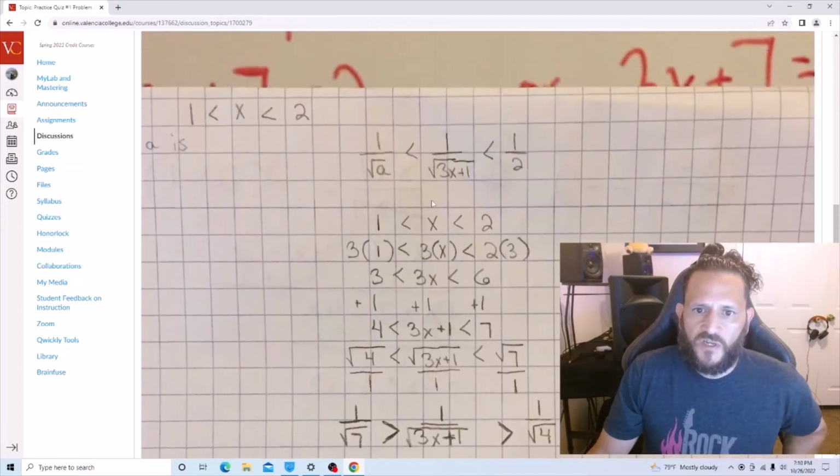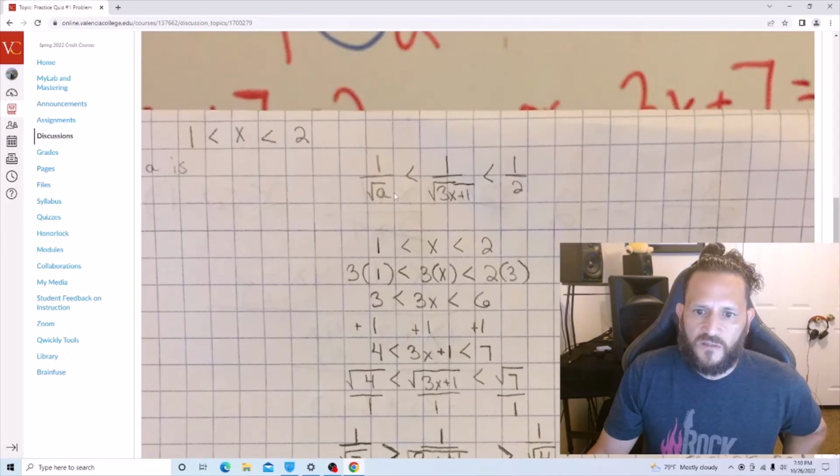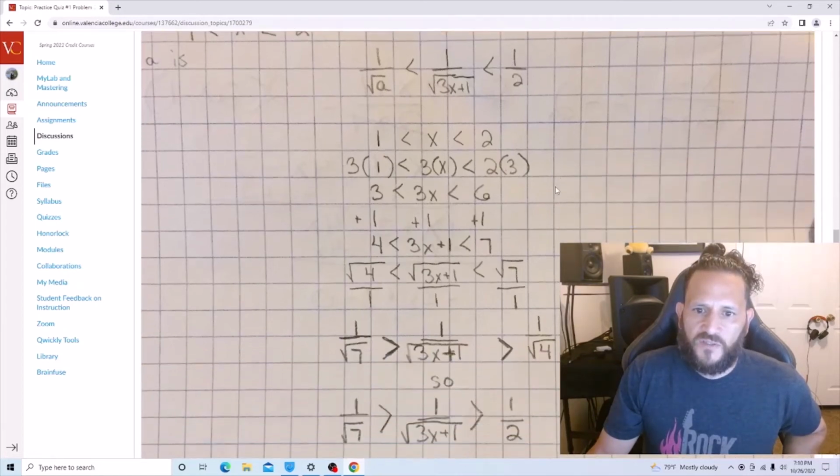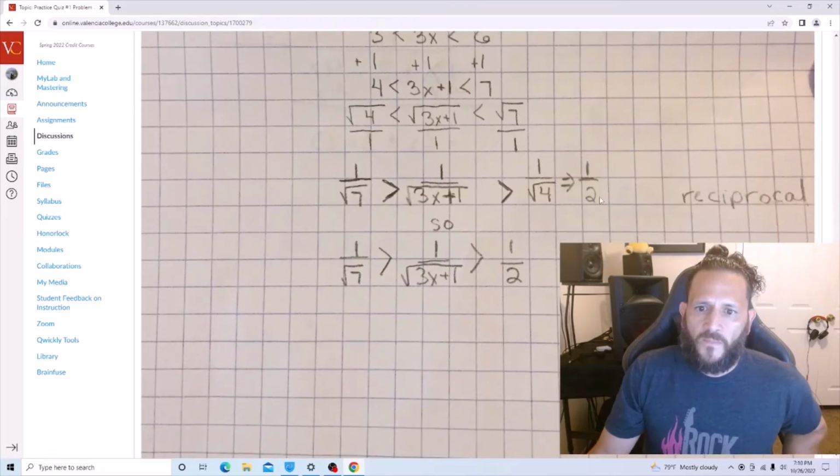We were trying to get to this point right here, which is 1 over the square root of a is less than 1 over the square root of 3x plus 1, which is less than a half. Now, that's what we have. Because if you look at 1 over the square root of 4, well, what's the square root of 4?